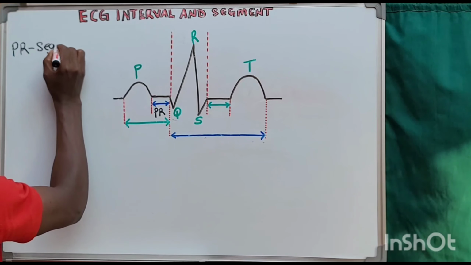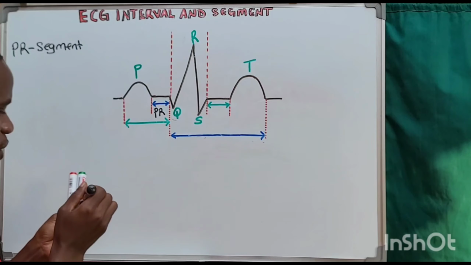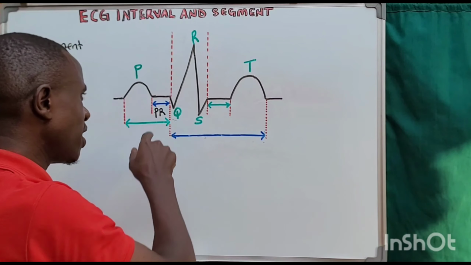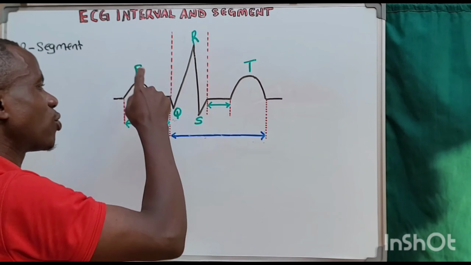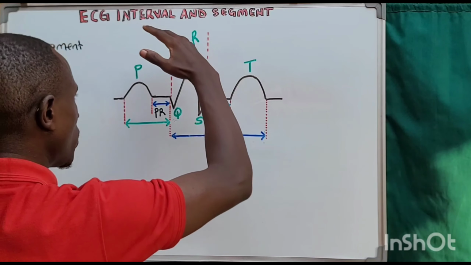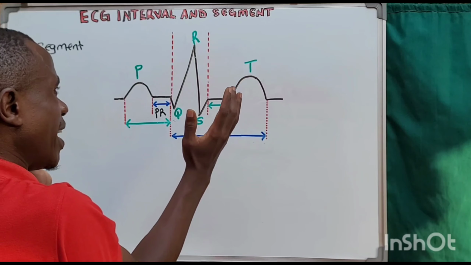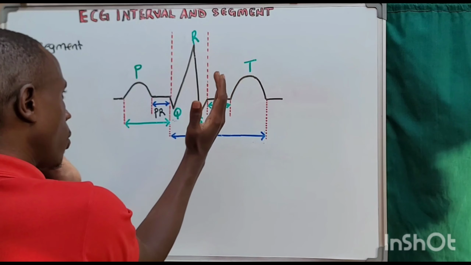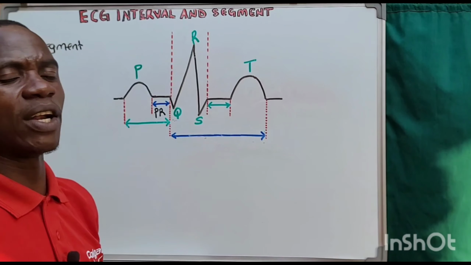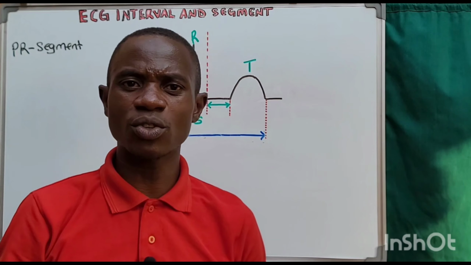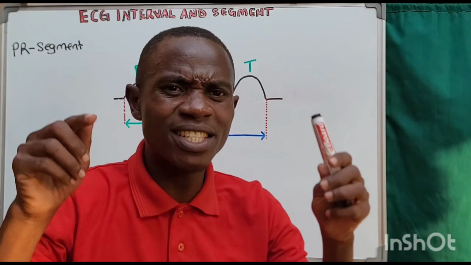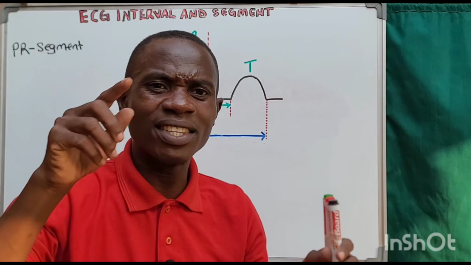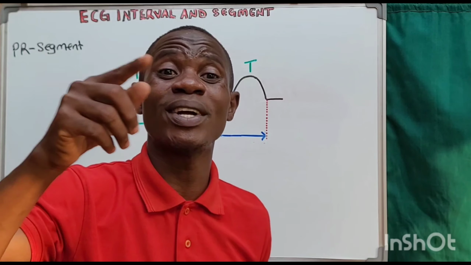Now, the question is, what does the PR segment represent? The P wave represents atrial depolarization. Whenever the action potential depolarizes the entire atrium, the impulses have to converge on the AV node. And we said that the AV node can delay these action potentials for approximately 0.1 second. It is during this time that the ECG machine gives us an isoelectric line.